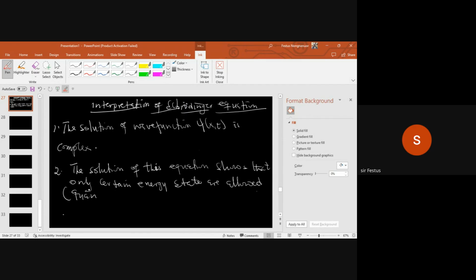So when you take the psi of x and t, this should be 1, and this I'll call the probability density.